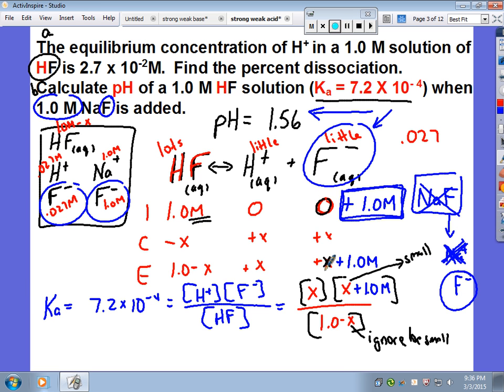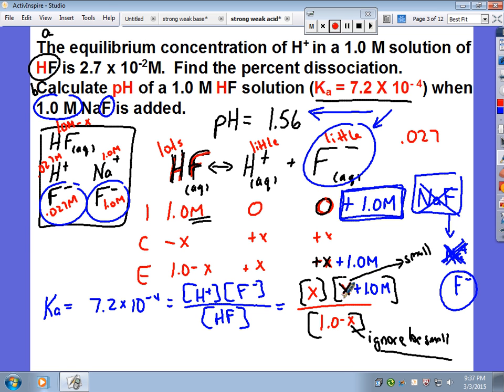That's my tiny amount. So I'm just going to solve for x. Again, why am I ignoring the bottom part? I'm ignoring the bottom x right here because it's small. It's coming from my poor dissociator. And this x is also small because how much fluorine is being made? Not much, because it's not a good dissociator.